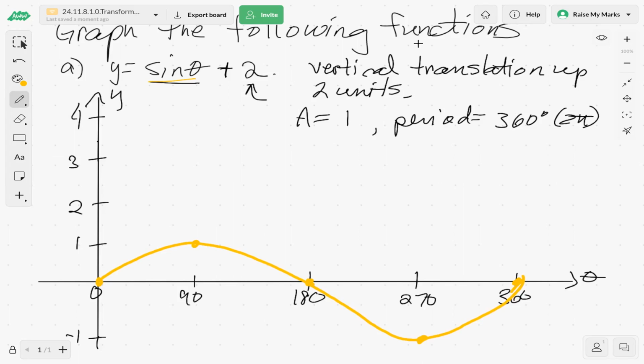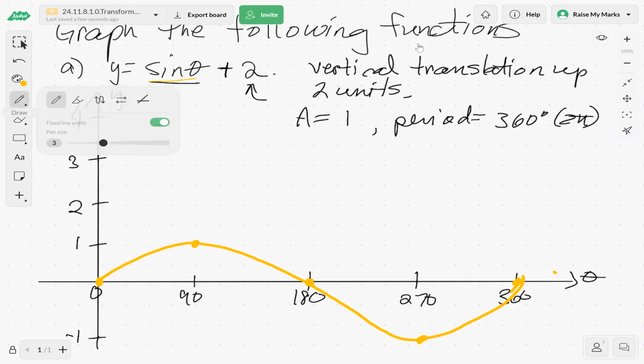Okay. So with our sine and cosine functions, they oscillate about a horizontal axis. So the parent function oscillates about this horizontal axis, or when y equals 0. So we have a vertical translation up 2 units. So that horizontal axis that the function oscillates about is going to be translated up 2 units.